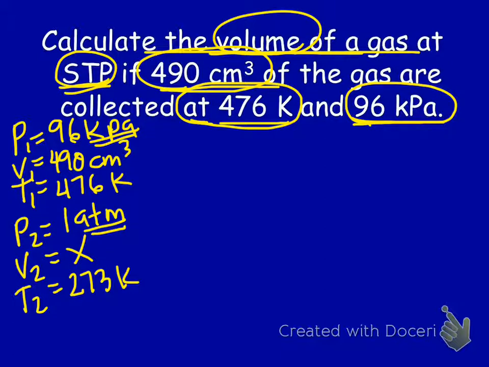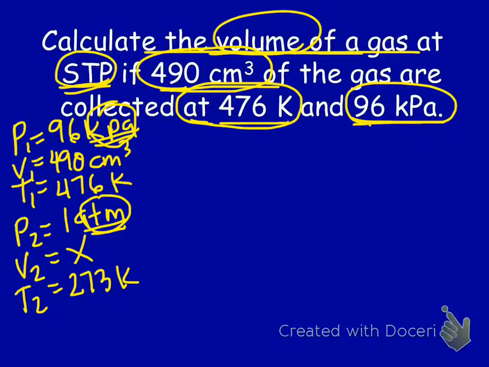I'm always going to use the units of the smallest number. If you look at your handout, what number is smaller in that equality on slide 1, atm or kPa? The answer is atm. Atm is only 1, but kPa is 101. So I'm going to convert everything to atm.